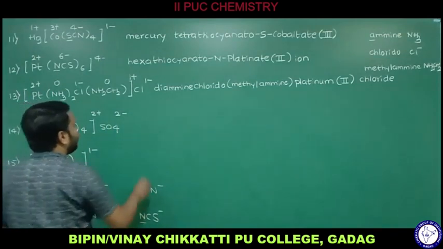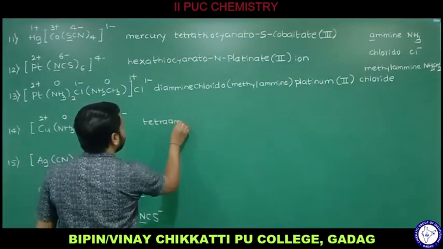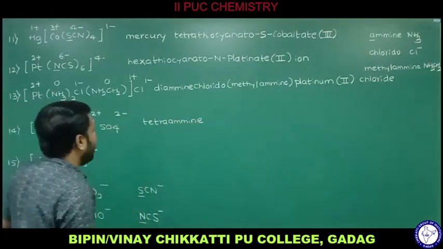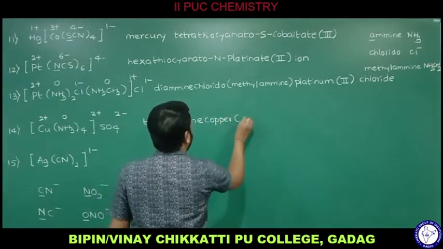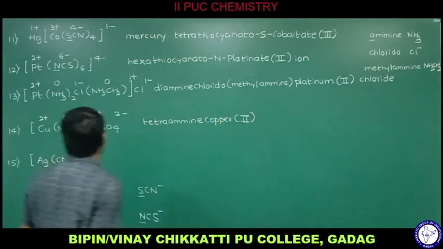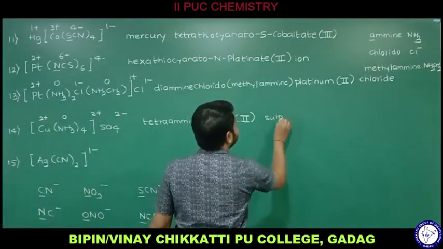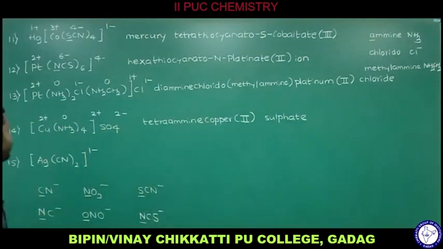So NH3 4 times, therefore this would be tetraamine, isn't it? Tetraamine, copper, oxidation number is 2, tetraamine copper 2 sulfate. So that would be the name of example number 14.